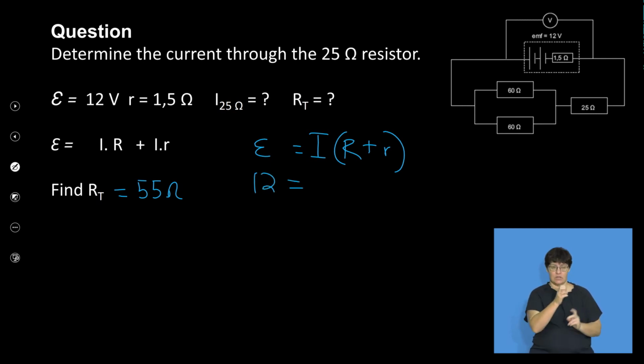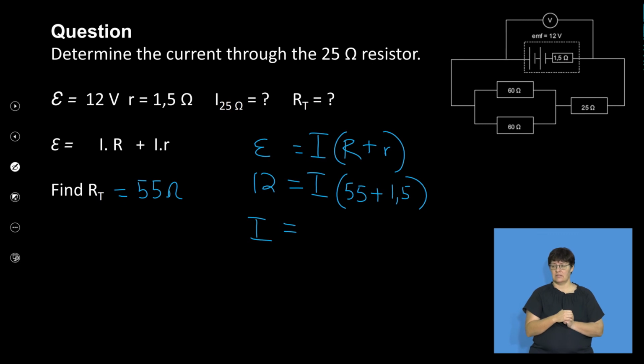We've got 55 plus the given internal resistance, which is 1.5. If we are looking for I, our total current is going to be 12 divided by the sum, 55 plus 1.5, which is 56.5. Then we can find the current which goes through the 25 ohm resistor.